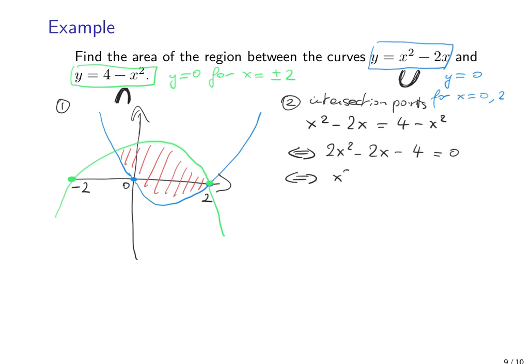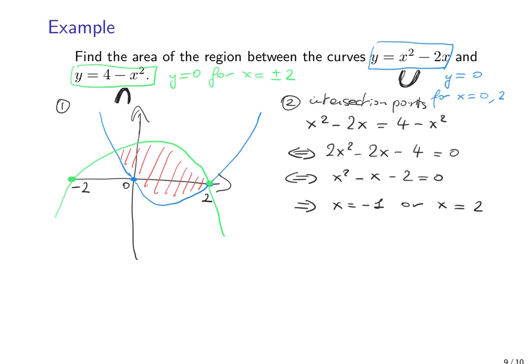We divide by 2, x squared minus x minus 2 is equal to 0. That's a quadratic equation. You can solve that, or you can guess the solutions right away. You will find that x is equal to minus 1 or x is equal to 2.